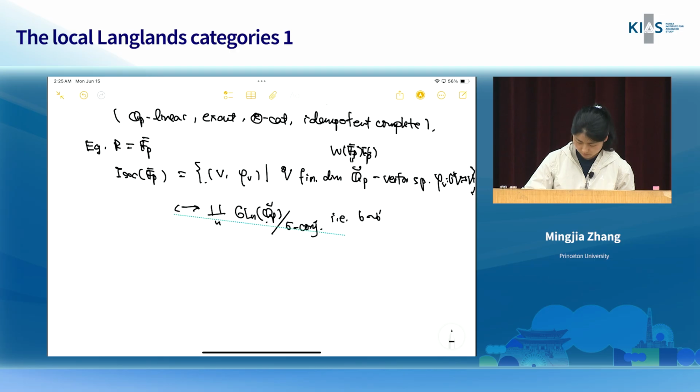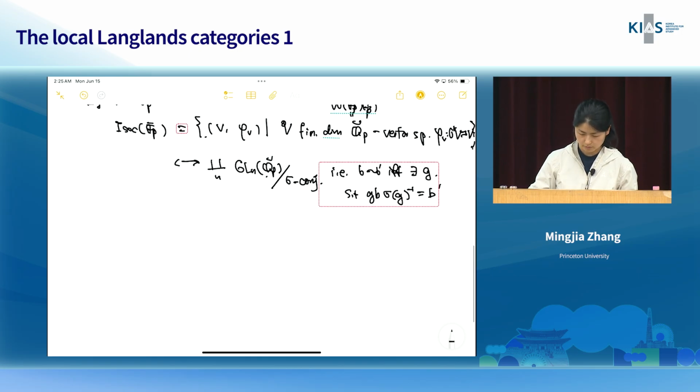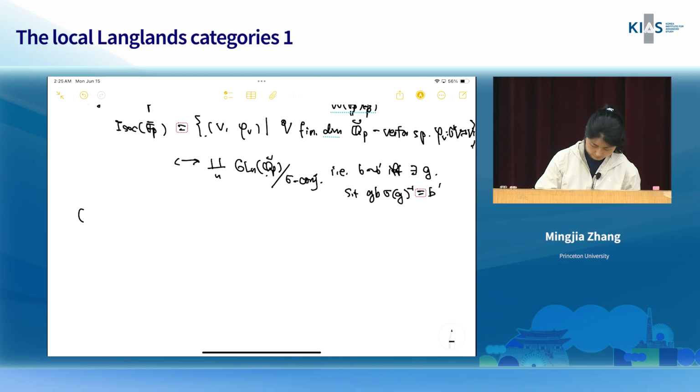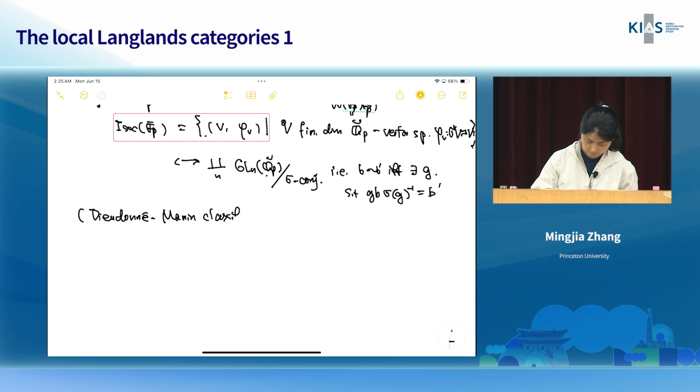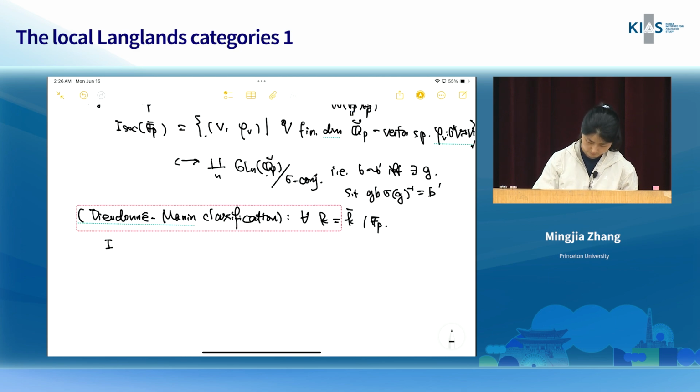Namely, two elements b and b prime in the Q_p breve points of GL_n are considered equivalent if and only if there is some element g such that g b sigma(g) inverse is b prime. So this result actually holds true for any algebraically closed field over F_p, and this is known as the Dieudonné-Manin classification.